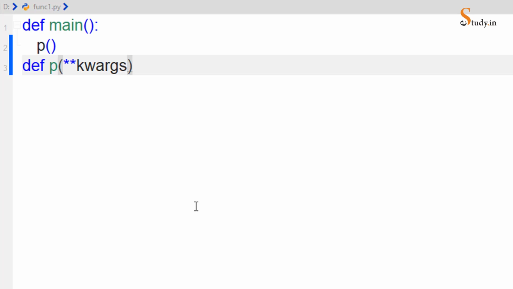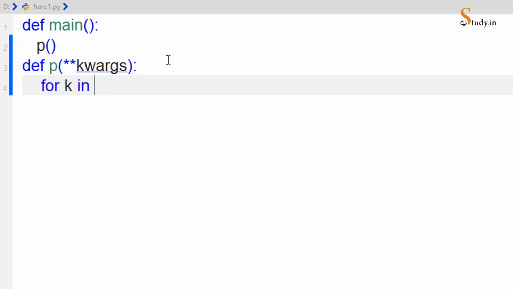Here you need not call it this, you can give any name, but it is a convention that we call it keyword args. Let me write the code first.